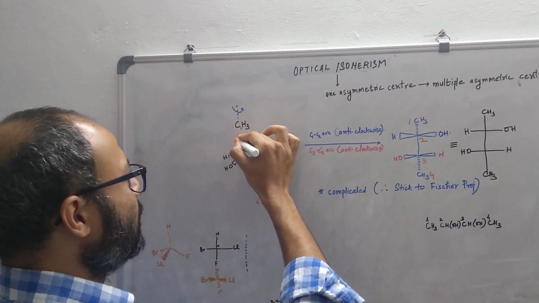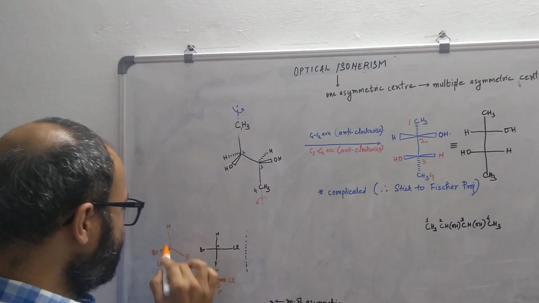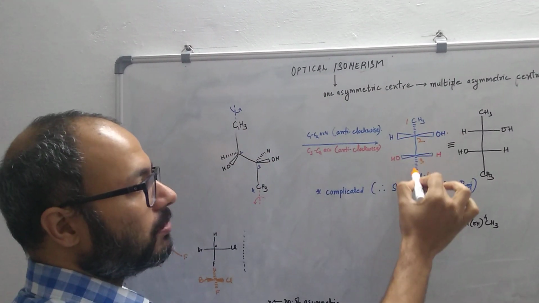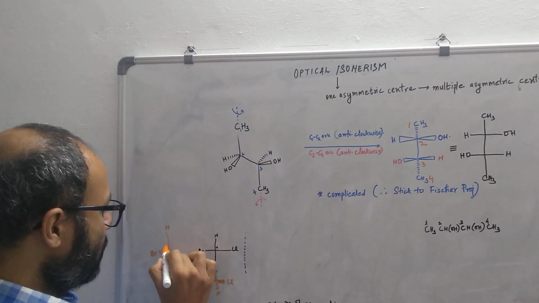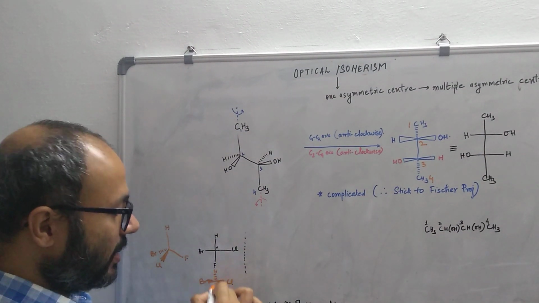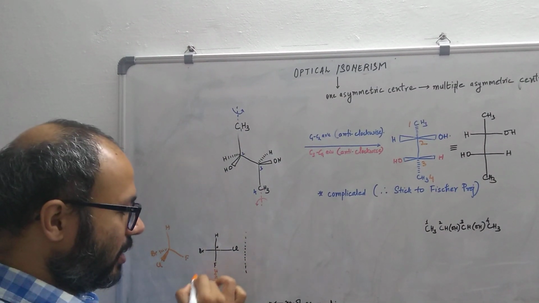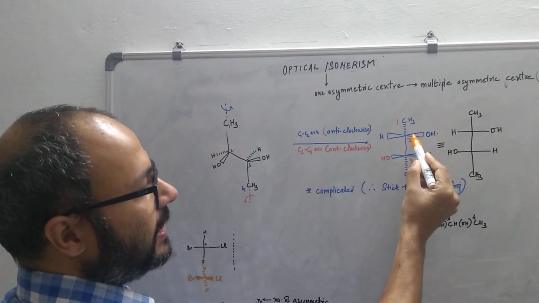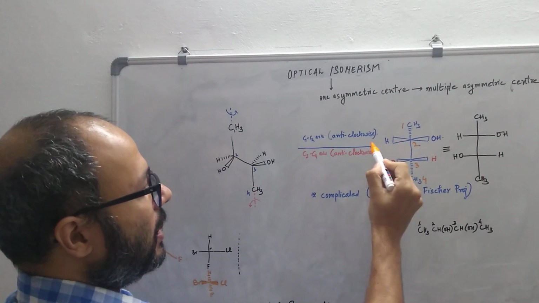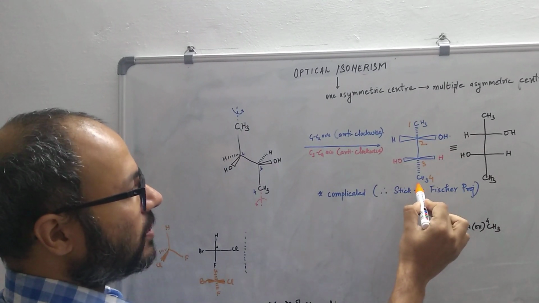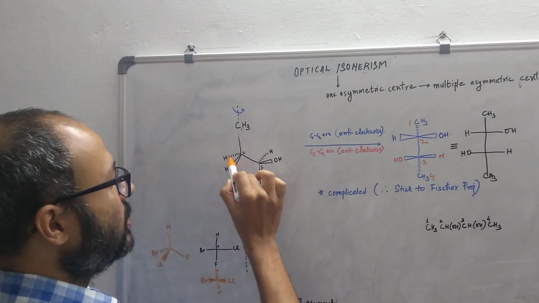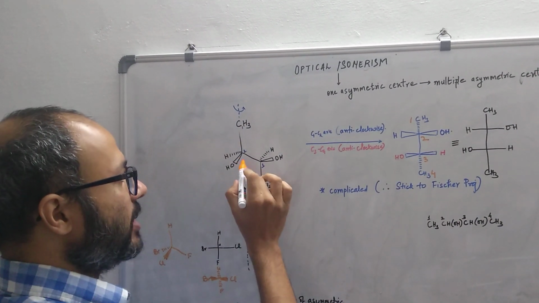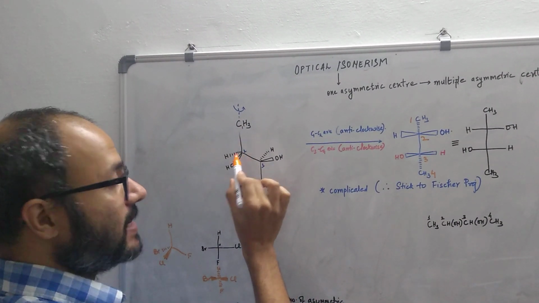As we did in these cases, these line bonds I have kept on the vertical bonds of this flying wedge formula. In this case, you see I have kept the CH3s on the vertical bond. Now I have to put the substituents here and see how they will come. I'll concentrate first on the second carbon.